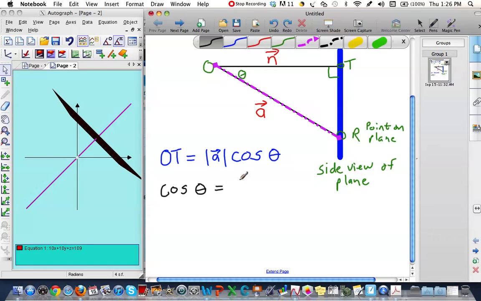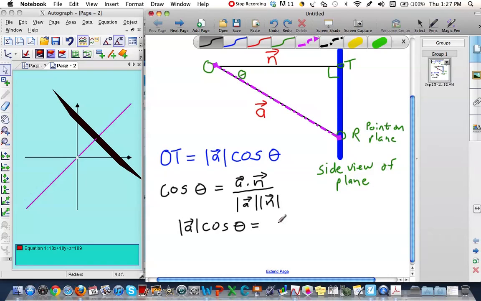In this particular case, in order to be consistent with the diagram, I'll use the dot product of A and N, because theta is the angle between the vectors A and N, and that would be divided by magnitude A multiplied by magnitude N. I'm going to rearrange this equation by multiplying both sides of the expression by the magnitude of A, and I would then have magnitude A cos theta on the left hand side.